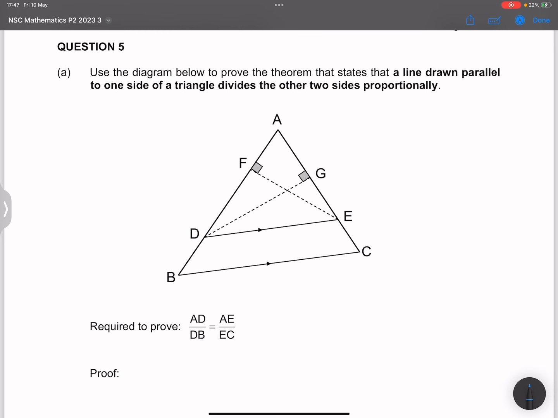In this proof, we're going to draw construction lines. So I'm going to construct line BE and line DC. There's BE over there, and there is line DC.